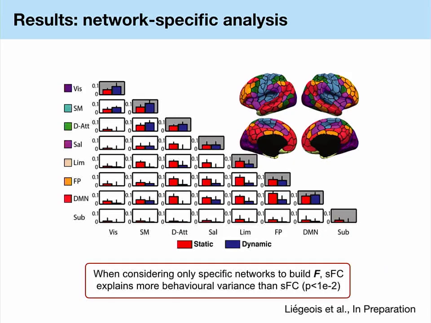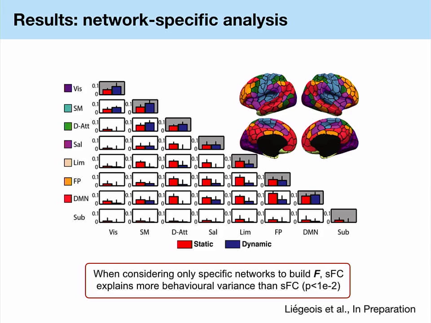And these results were a bit surprising because we show that in this case, static information seems to capture more behavioral information than dynamic functional connectivity. And so that means that DFC, when computed at the whole brain level, is capturing more behavioral information because it's able to capture the interaction between multiple networks.